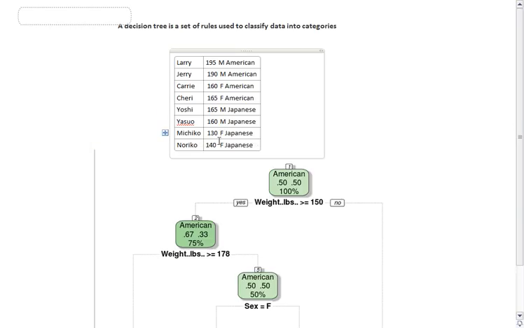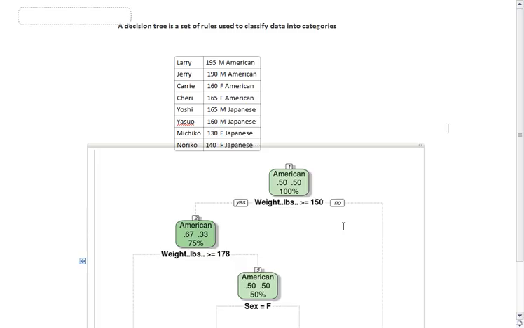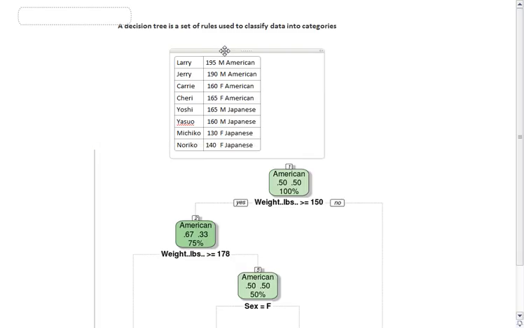If you see in the data, with more than 150, the first guy is American, the second also, the third also. Only one is Japanese, only 130. Lesser than 150 is Japanese. So is the weight greater than 150? No. Then how many observations are coming? Only one observation is coming, and one more, this is 140, so 130 and 140.